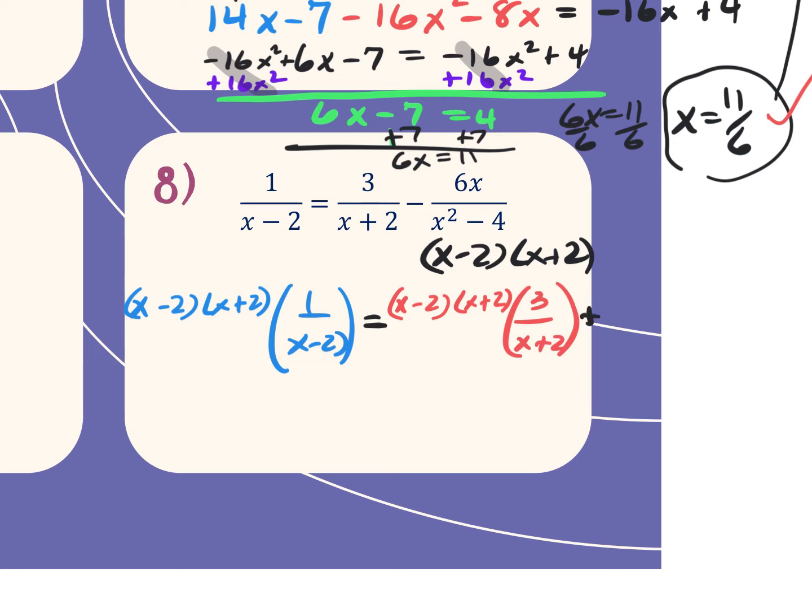And then the last one, same thing, x minus 2, x plus 2 times 6x over x squared minus 4. Now I'm going to look for things that simplify. The x minus 2 cancels, and now I'm just doing 1 times x plus 2, and that's just x plus 2.